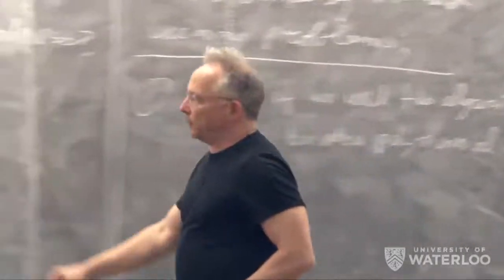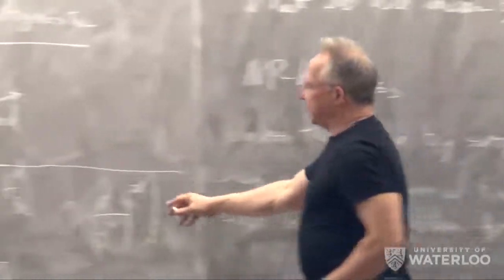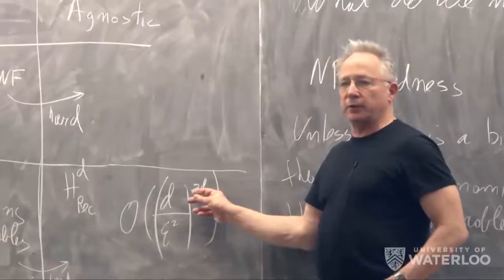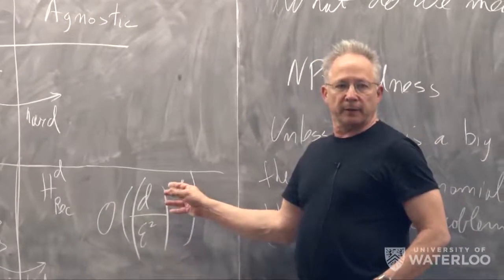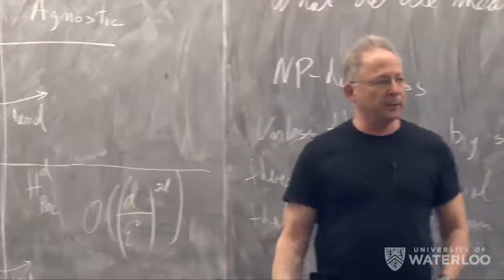Because we know that we have here an algorithm, but this algorithm runs in time which is exponential in d. So you could ask, could I find an algorithm whose dependence on d will be better?